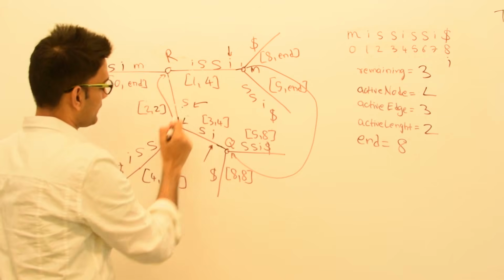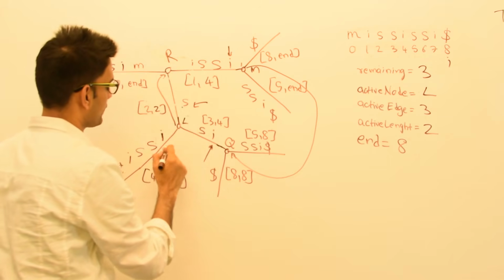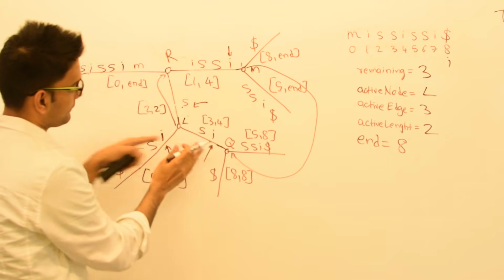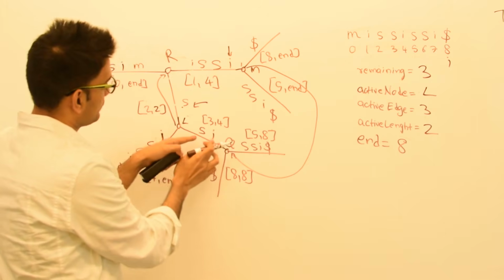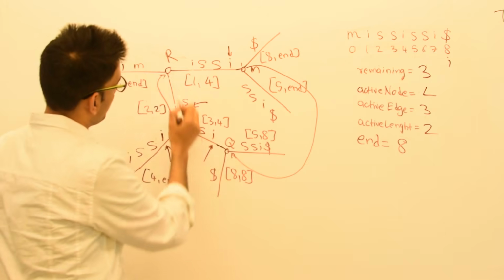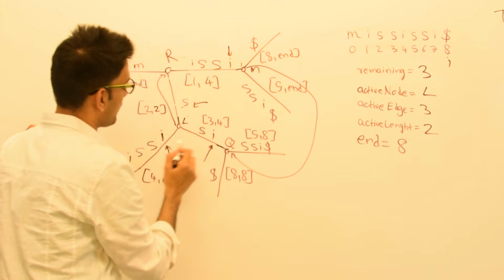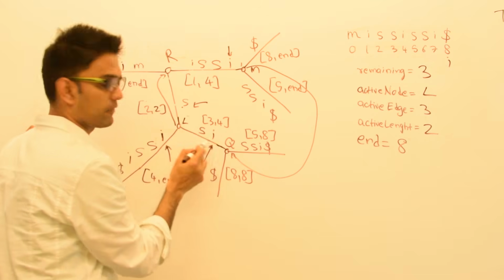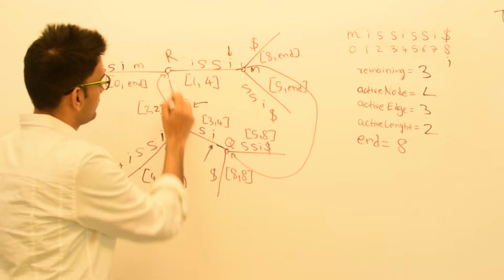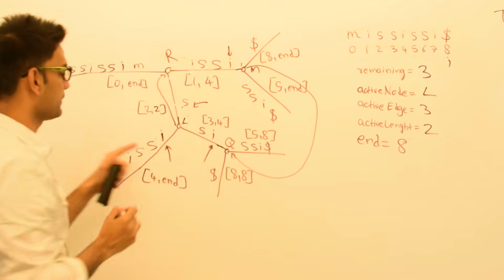We go to S and then to I, so we reach this point. Again, we were SI here. So then we follow the suffix link and move S and then I, because our original edge had SI, and then we reach this point.